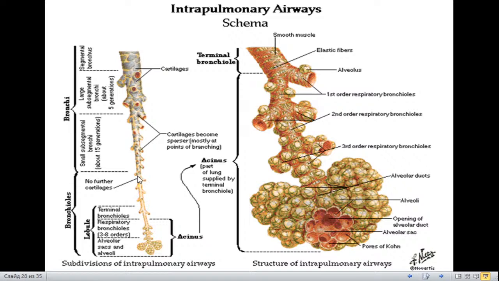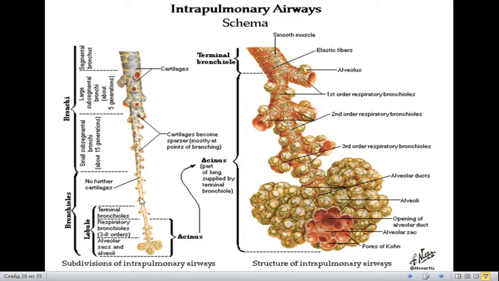they lose their cartilage. So in the picture you can see that in the bronchus cartilage is present, but from the point where cartilage is absent, we call this structure a bronchiole.